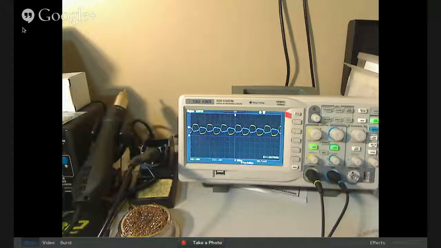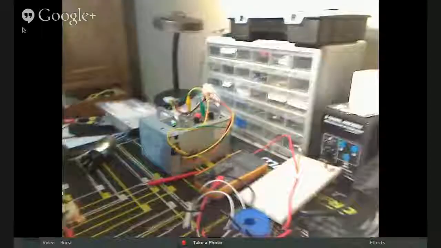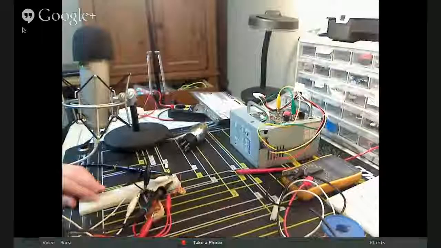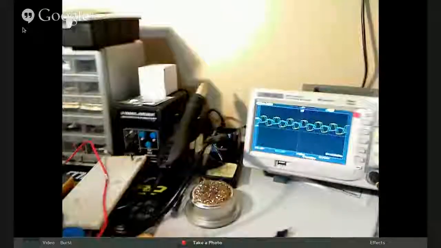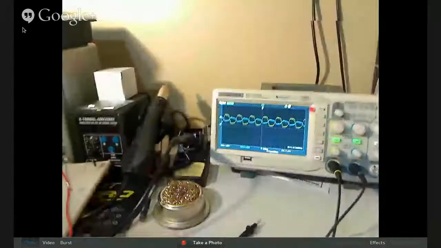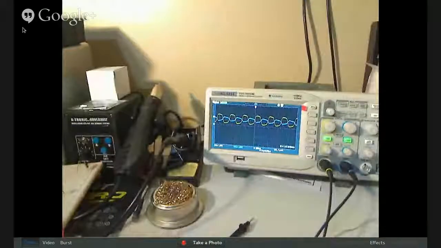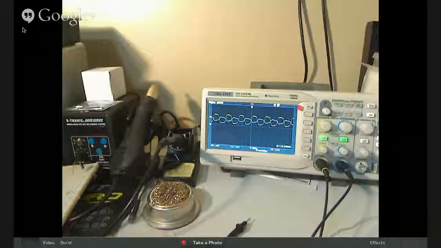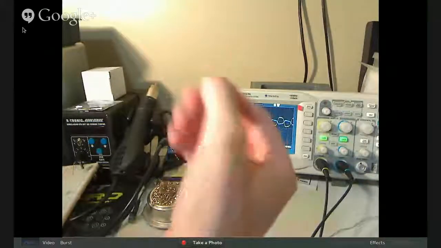Let's see, what have I got? To slow this down, I would either have to add inductance in our little oscillator circuit in our toroid, or I can put in some capacitance. I don't think we've touched on capacitors yet. This is a type of capacitor.